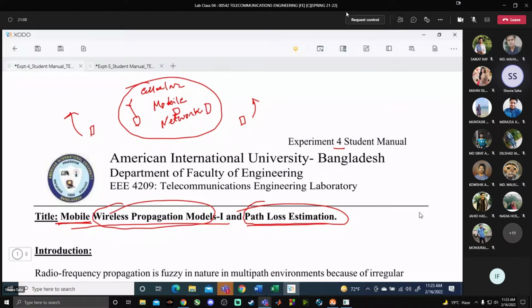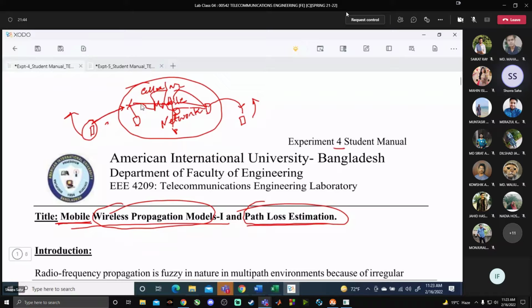Also, in rural areas you see greenfield towers. As there are no buildings there, you have towers on the field. Those are the stations that are interconnected in this cellular mobile network. And we, as a user, communicate with our nearest tower. Normally, when a user makes a call, he is communicating with the nearest tower wirelessly. Then his signal will be propagated and finally it will reach the receiver.